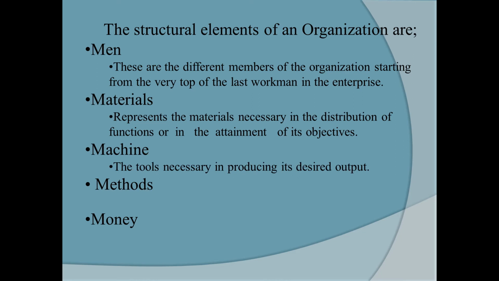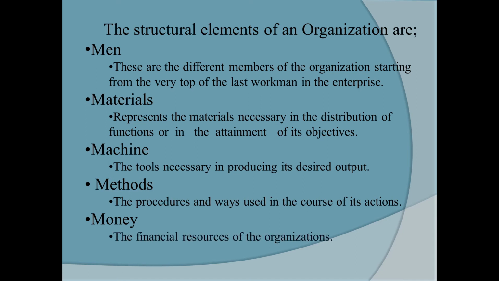They should also have the machines or tools. And then the methods: the systems, processes, procedures, and ways used in the course of its actions. And then, of course, the financial resources of the organization, which is the money.